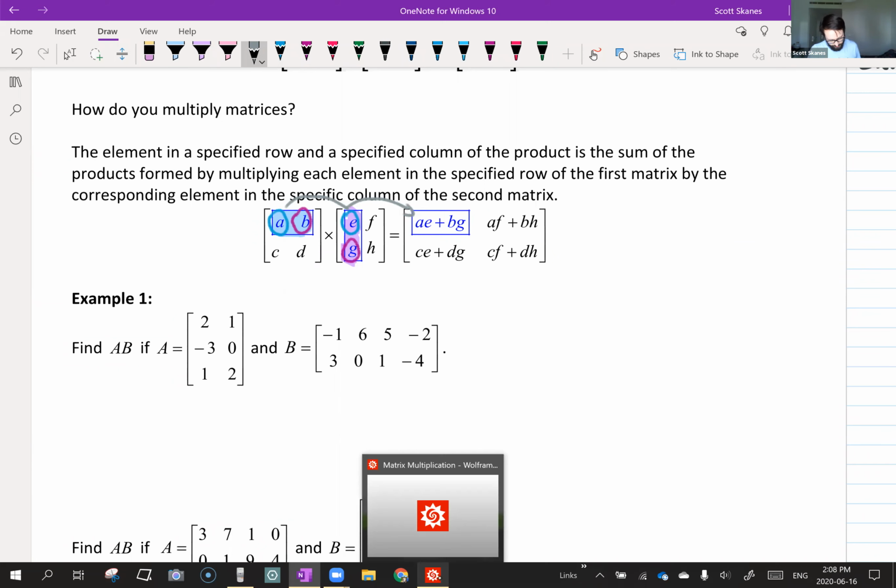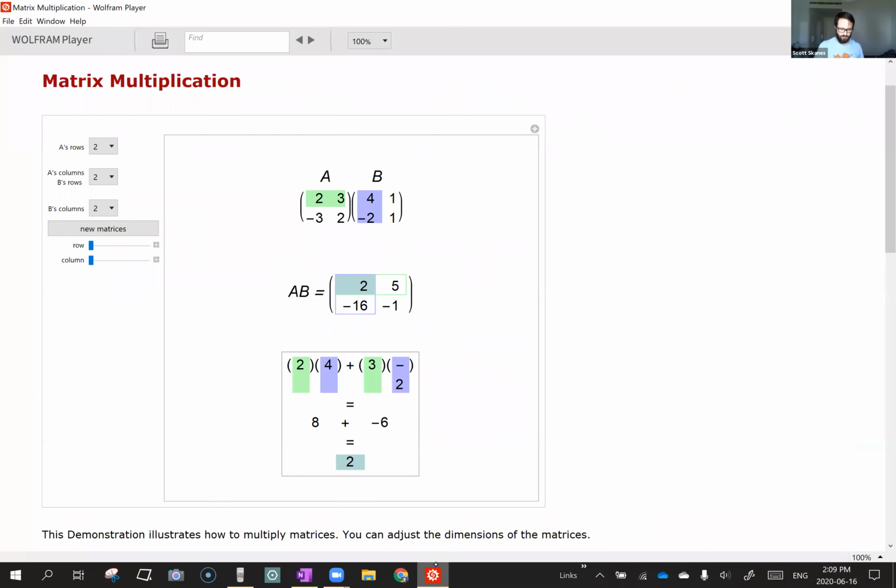So I've got a little bit of a demonstration here. I don't want to make it too confusing for you, but let me try to make this as clear as I can, which is always my intention. Notice we have the matrix A. If I want the answer, it turns out the answer here is this, but why? Well, you take the first row of the first matrix and multiply it by the first column of the second matrix.